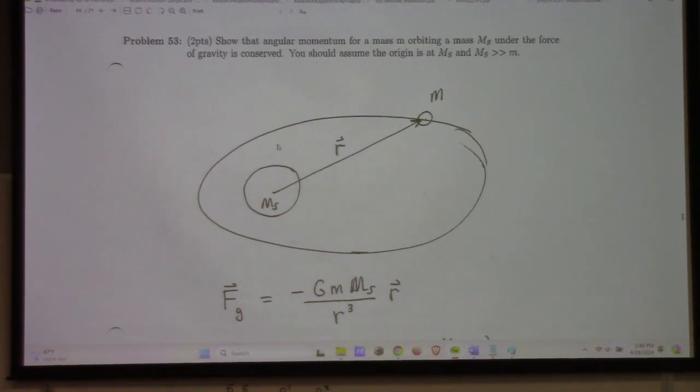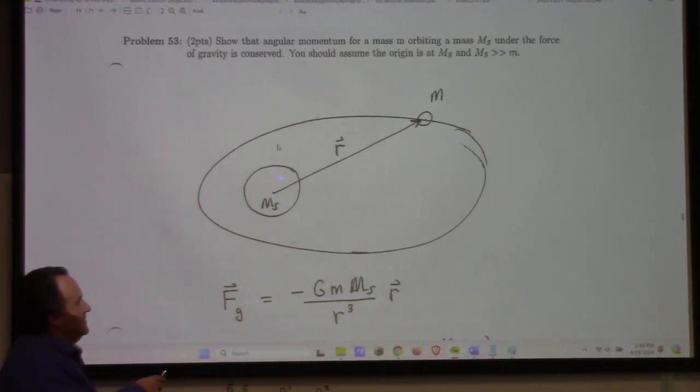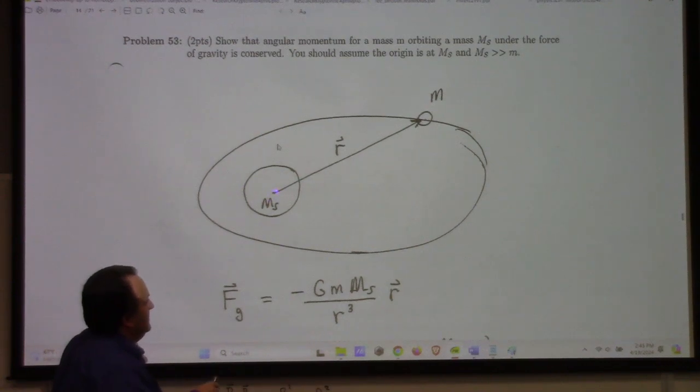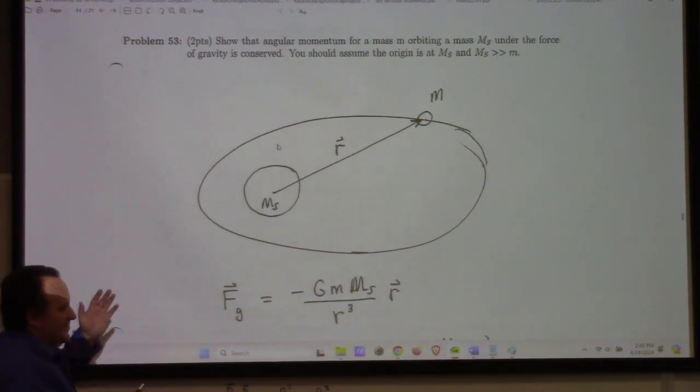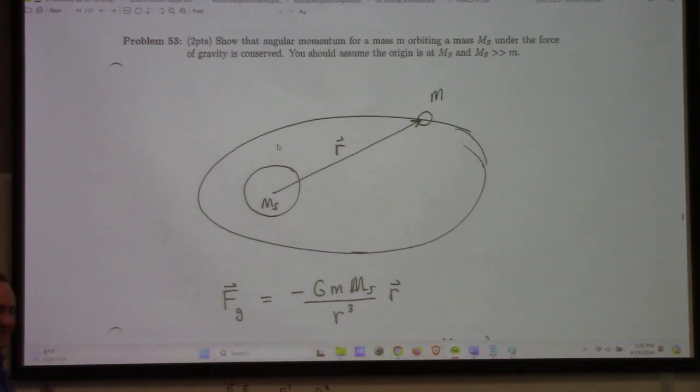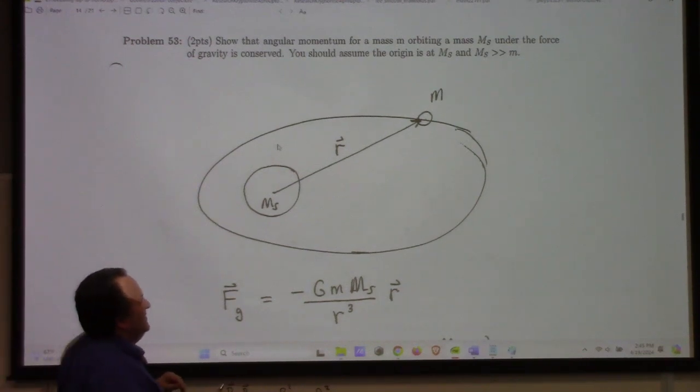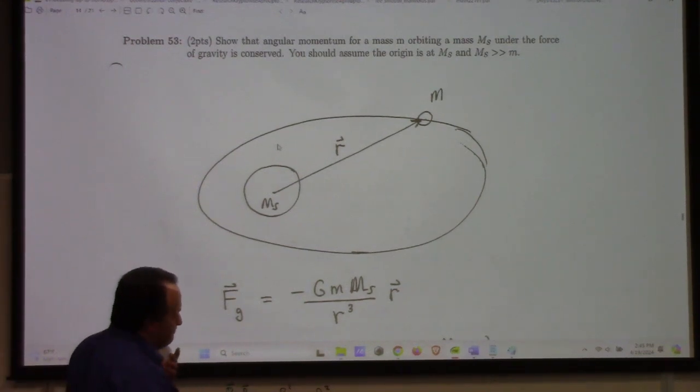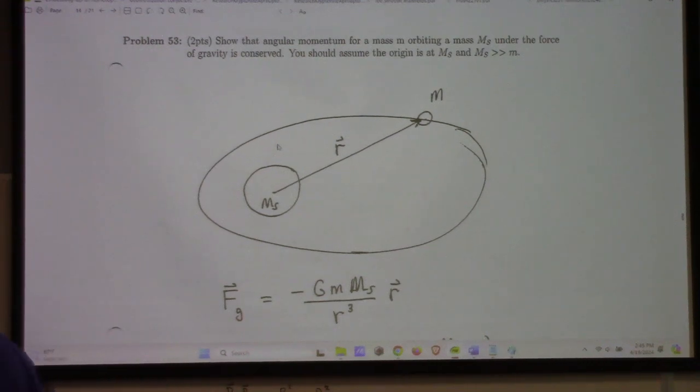So the force of gravity, we're assuming the sun is at the center of the orbital plane. By the way, the proof that there's an orbital plane is actually here. Because if you think about angular momentum, what is it?